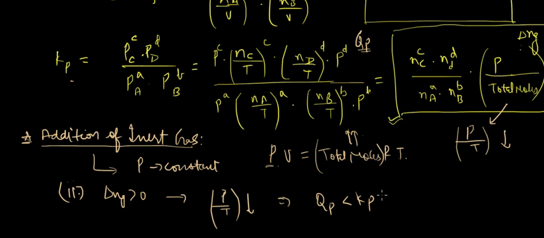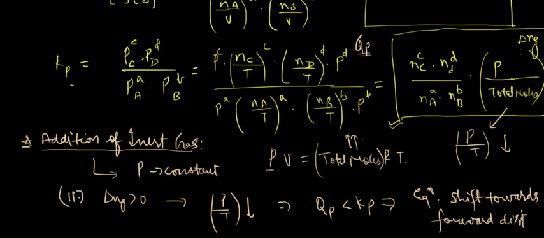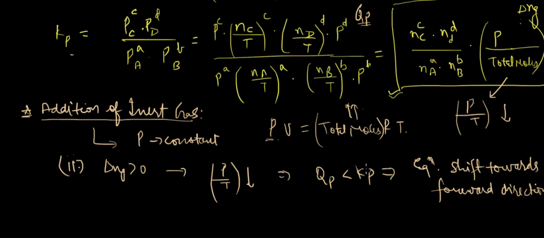What happens when Qp becomes less than Kp? Equilibrium shifts towards the forward direction. Now as equilibrium shifts towards the forward direction, we can say that it will shift towards more product formation.